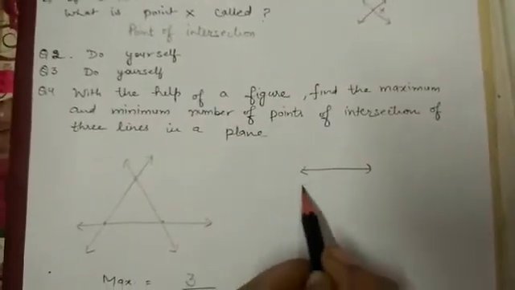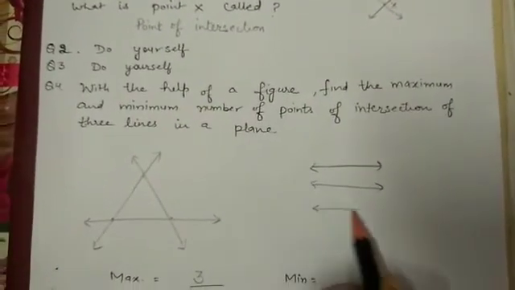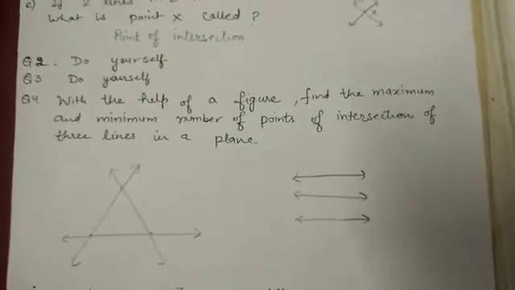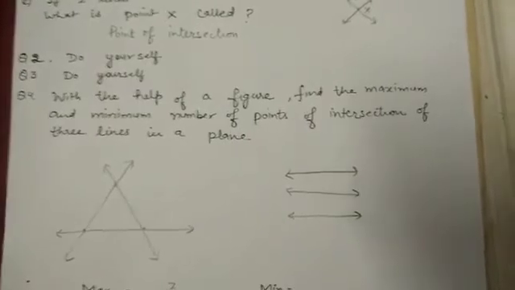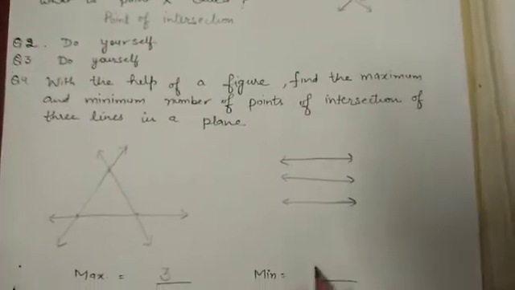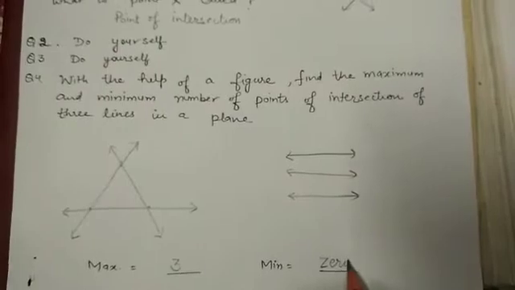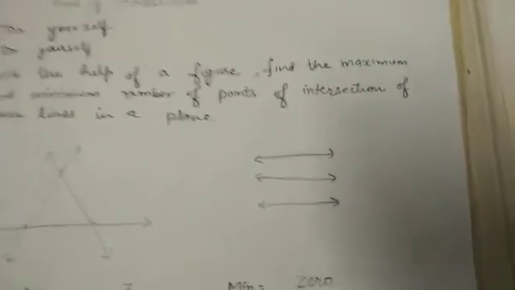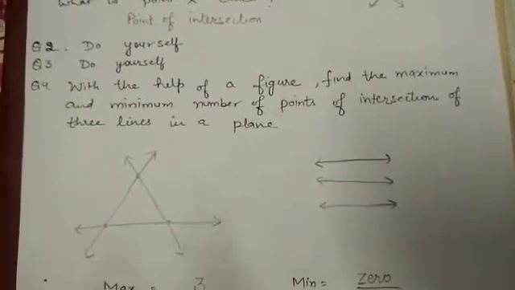Now if I take my three lines in this way, now the lines are parallel to each other, they are not intersecting, so the minimum number of points will be 0. Fine.